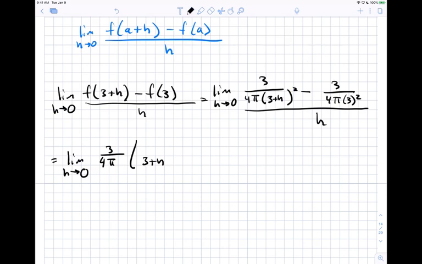I think this is okay, all over h, okay. Am I doing this right? Okay, let's go ahead. Oh, my eyes are burning. Let's go ahead and expand that binomial. I'm trying to think.